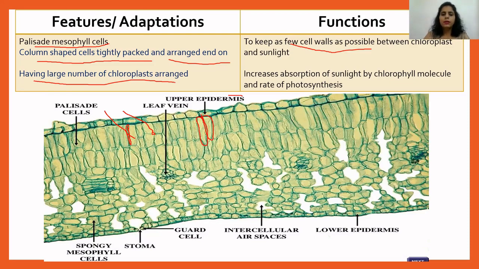So they can perform photosynthesis at a higher rate. The reason is that more chloroplasts means more chlorophyll molecules, and hence higher absorption of sunlight by chlorophyll molecules.